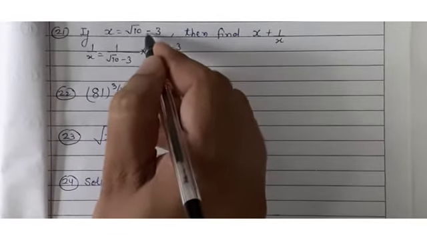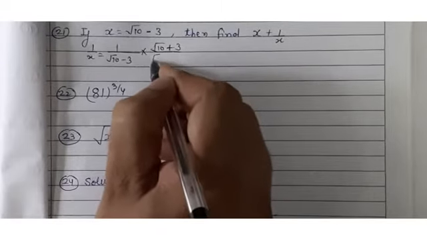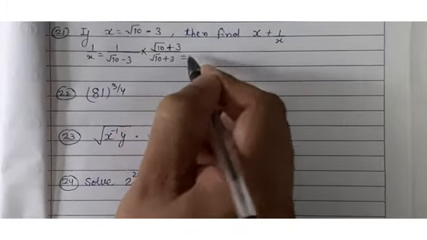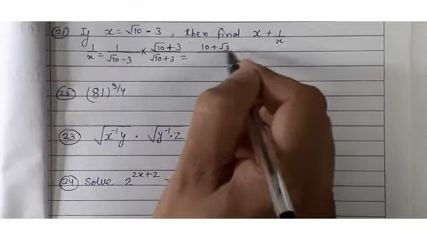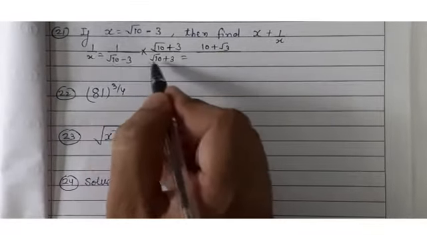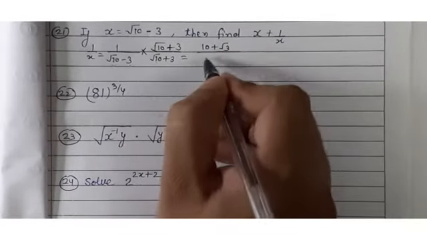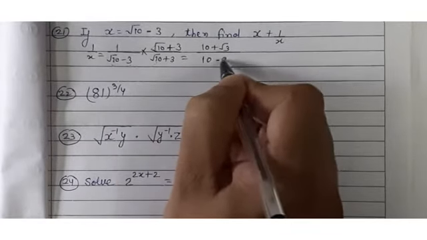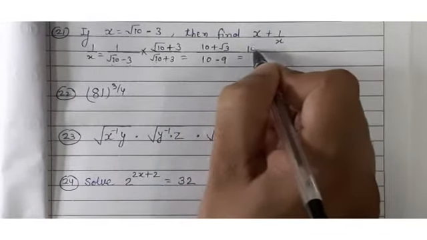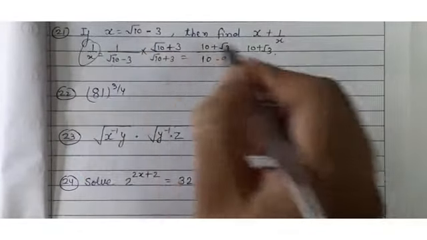This will be, because minus sign is here, then under root 10 plus 3 is your rationalizing factor. Numerator multiplied by 1, then same number, and denominator a minus b into a plus b, a square minus b square. Under root 10 square is 10, definitely. 3 into 3 is 9. Okay, so root 10 plus 3 is your value of 1 upon x.